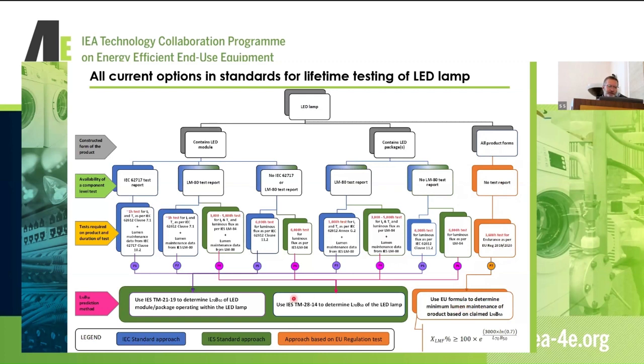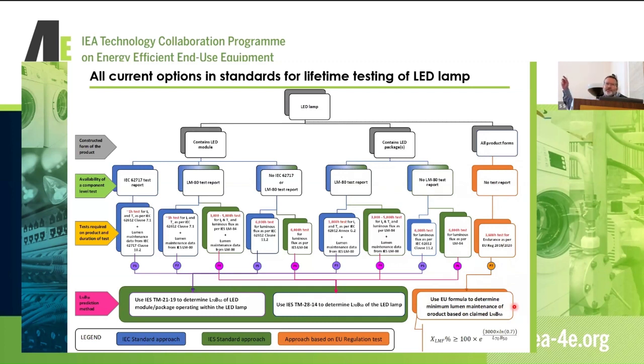The difference being that these here are predicting a lifetime, as I showed you, a projection to a point. The EU form here is that the formula is to determine the minimum lumen maintenance of a product based upon the claimed lifetime on the package. So in other words, we test it for 3,000 hours and we get the lumen maintenance of the product.